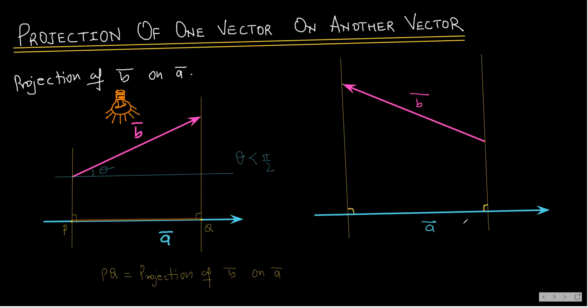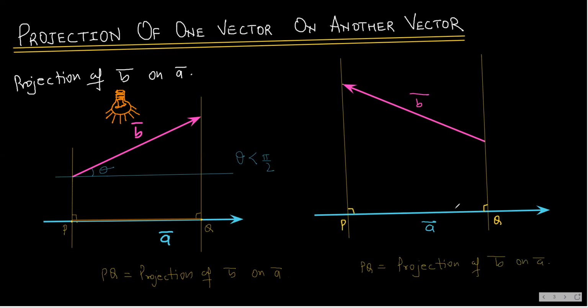Now if I write P here and Q here, whichever way you write hardly matters, then this length PQ, which is a number, is the projection of vector b bar on a bar.